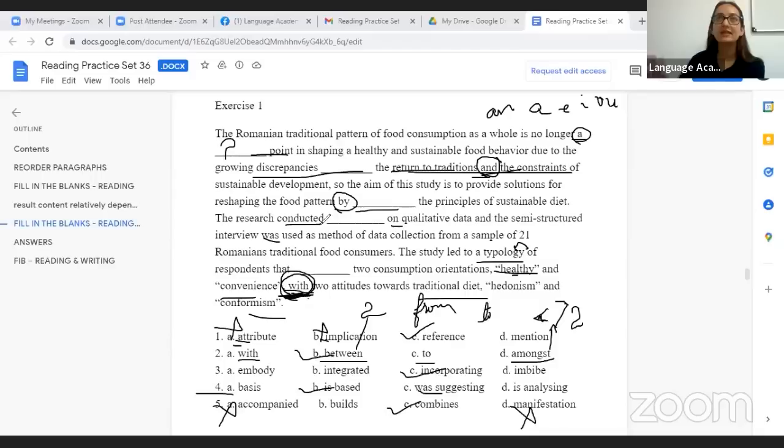Now we are just saying the research which was conducted, what is that research based on? Whatever the research can be, it is still based on qualitative data. So we cannot say the research was based on, because the research is still there and the basis is also still there. And moreover, ing can only be used when something in the past was happening in a continuous motion.